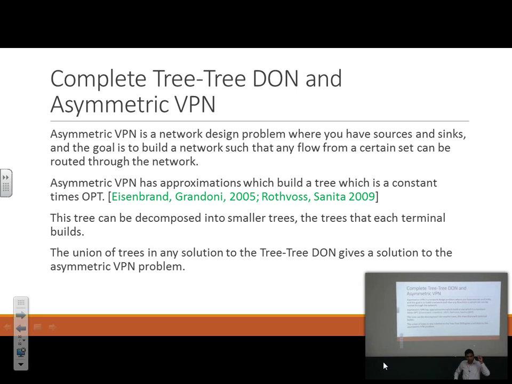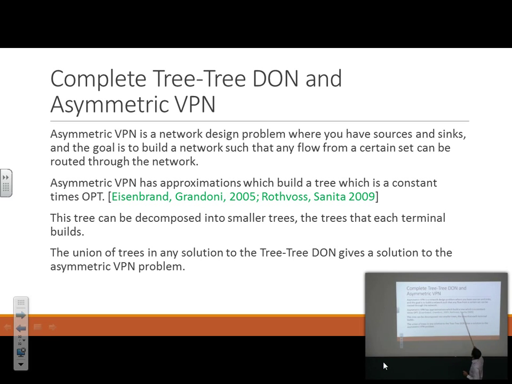And every node has a demand value that it wants to send out or in. The asymmetric VPN problem wants to build one network, not a collection, just one network, such that any flow that obeys the bounds of how much each subscriber can pull and how much each publisher can push can be routed through this capacity that we have apportioned. So that's what the asymmetric VPN problem is.